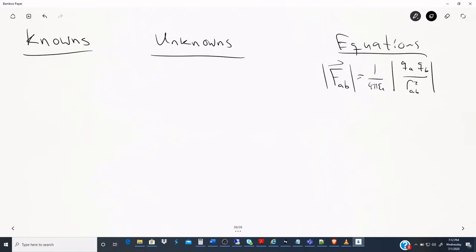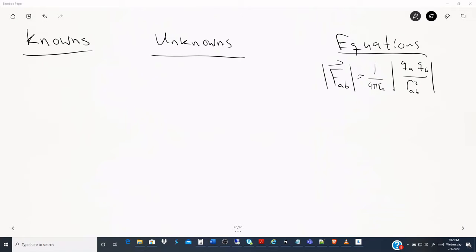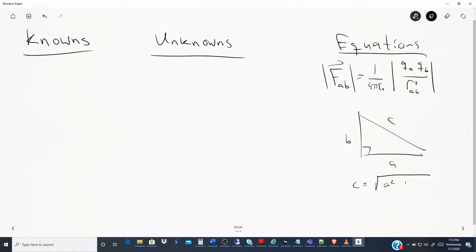Oops, I accidentally flipped this upside down here. We also know the Pythagorean theorem. So if we have A, B, and C, then C equals the square root of A squared plus B squared, right?